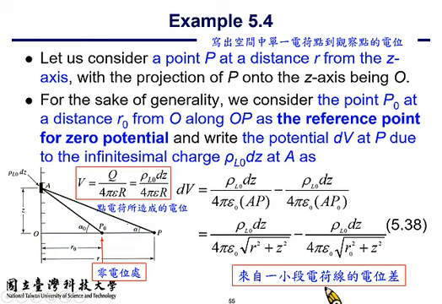And for this case, here we introduce the so-called zero potential reference. It's placed somewhere near the line. And of course, you may have the question, why not place the zero potential reference at a place very, very far away?